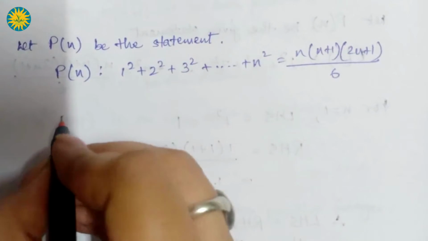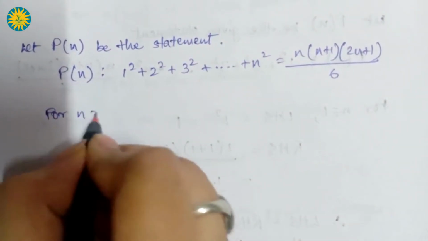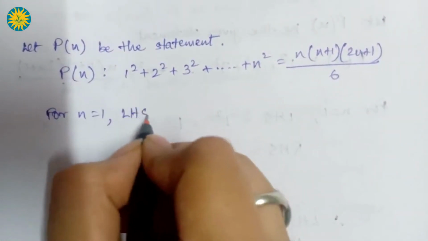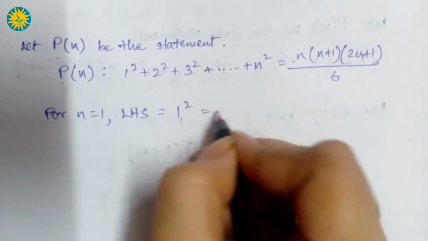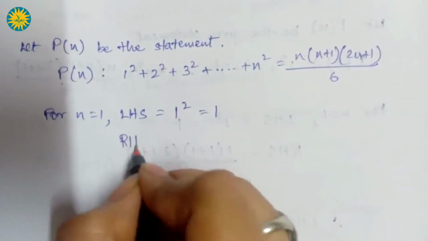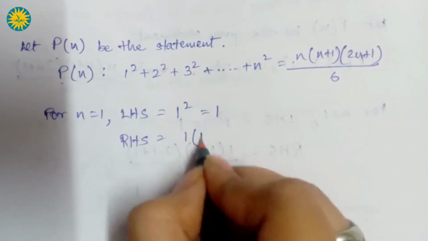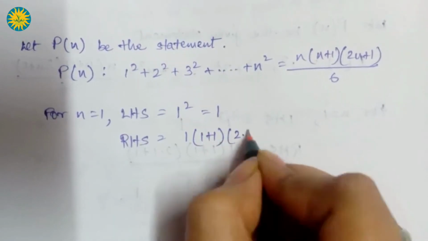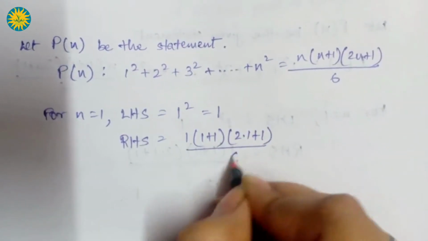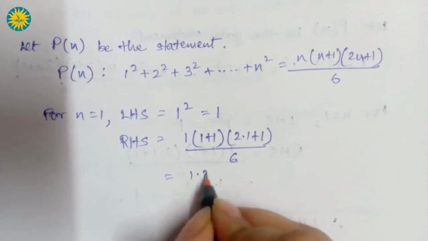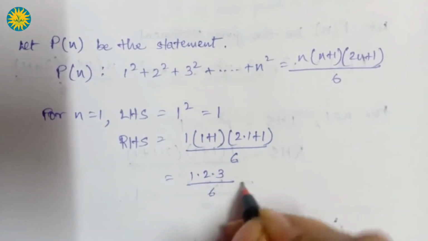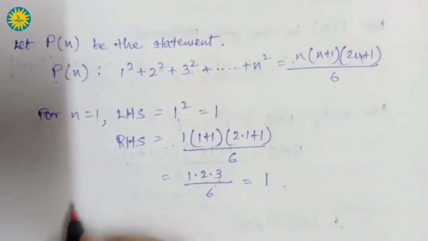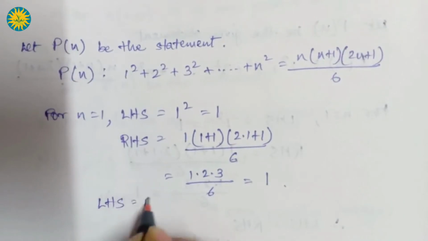First, we need to check for n equals to 1. The LHS gives us 1 square, which is 1, and the RHS gives us 1 into 1 plus 1 into 2 into 1 plus 1 by 6. This gives us 1 into 2 into 3 by 6, which equals to 1. Hence, LHS equals to RHS.